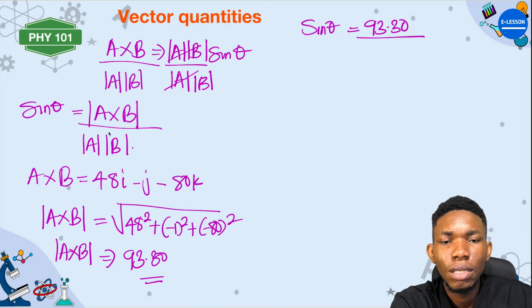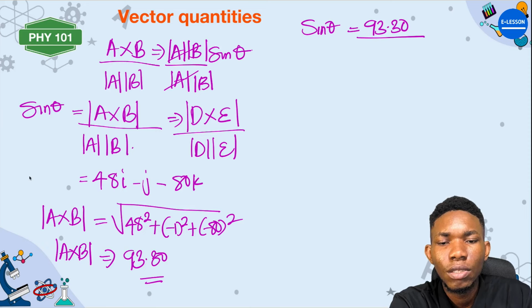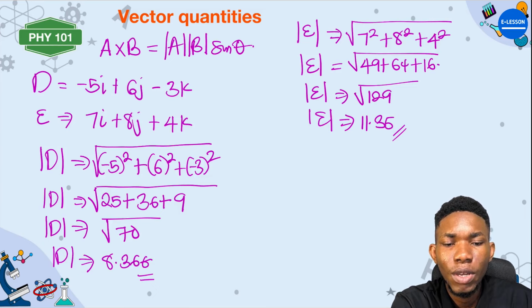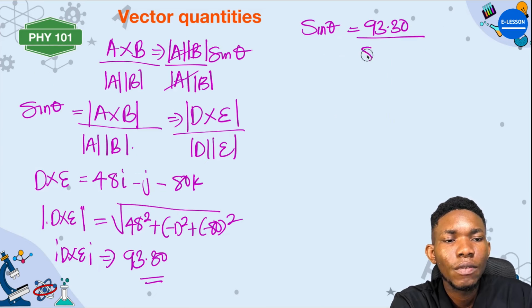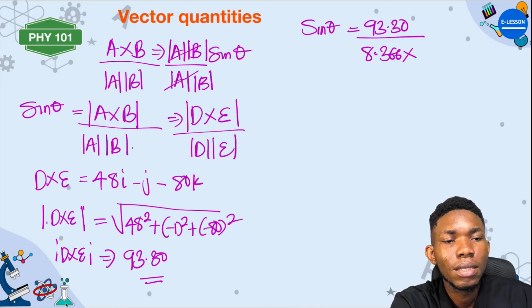So it's going to be D cross E divided by magnitude of D multiplied by magnitude of E. So sin theta will be equal to, what's the magnitude of D, my dear student? 8.366. So we have 8.366 times the magnitude of E, which is 11.36.